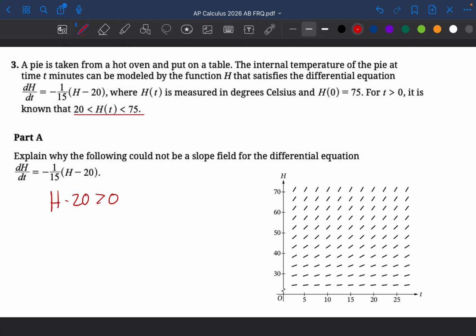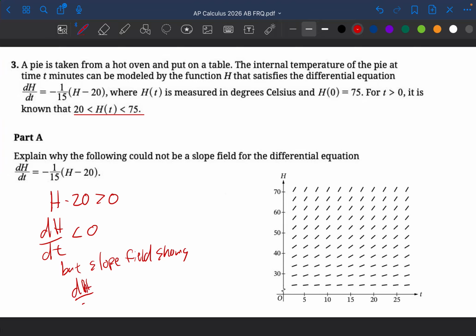And so therefore, because that is positive, and we're multiplying by -1/15, that means dh/dt must be less than 0. However, the slope field shows that dh/dt is positive for all these values of h.